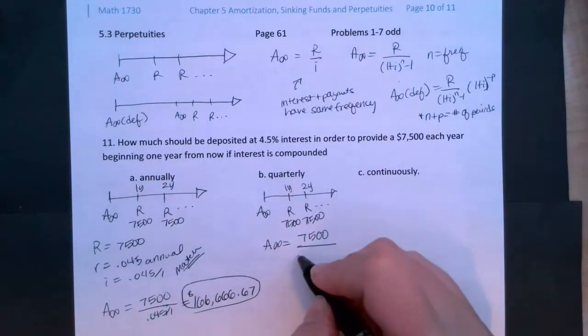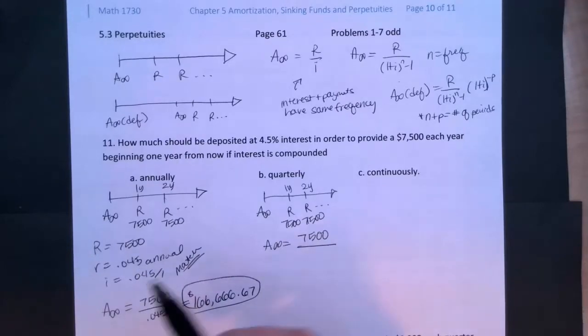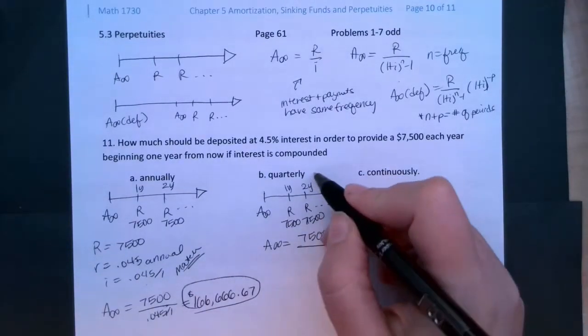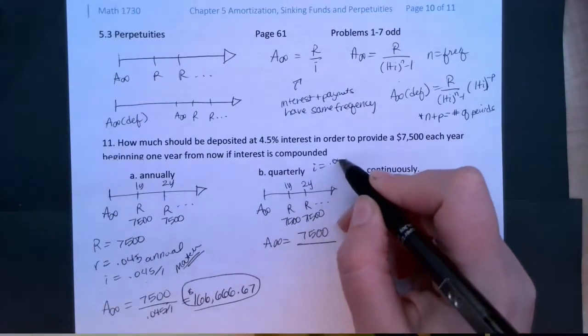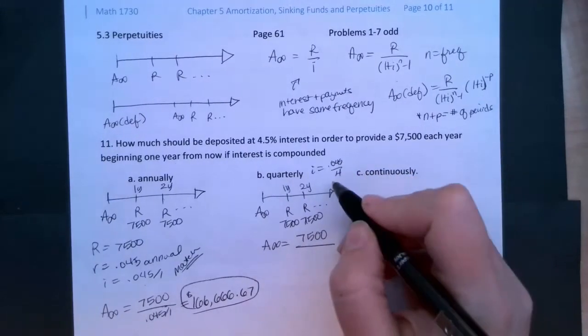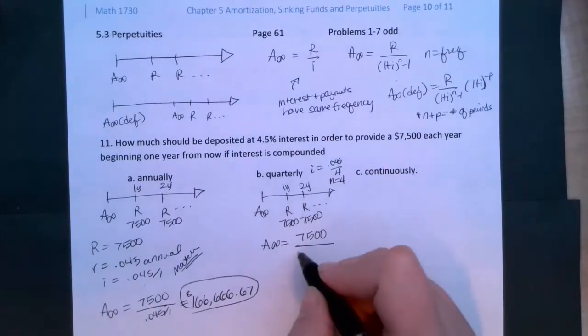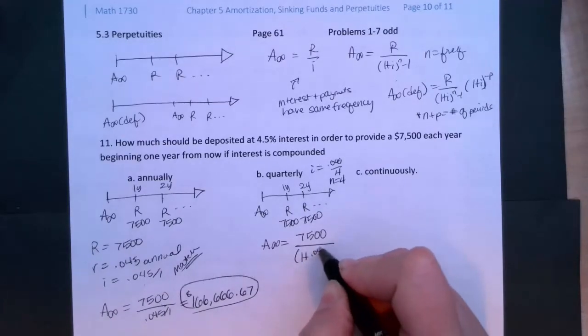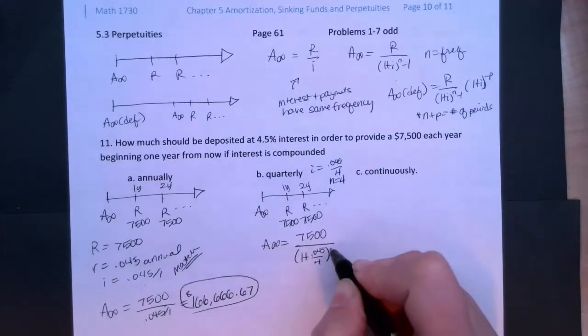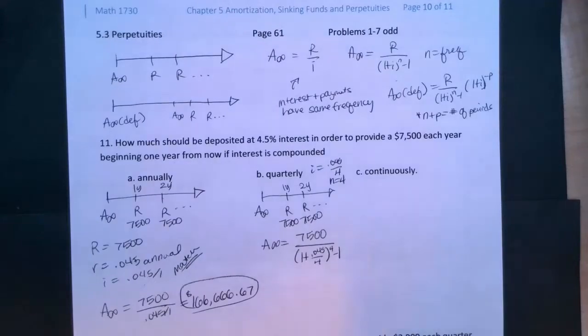So A infinity is going to equal our 7,500, and then on the bottom our R is the same, but I is quarterly. That means our I is going to be 0.045 over 4. And then our n is 4, because that's 4 times a year. So we get 1 plus 0.045 over 4, to the 4, minus 1.